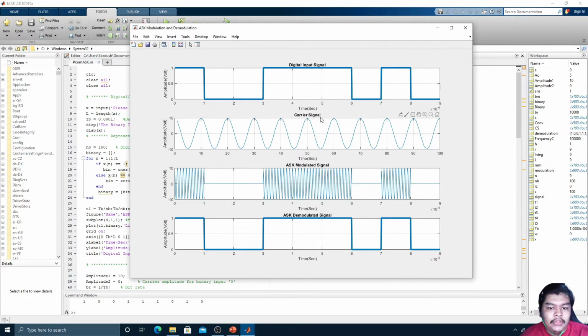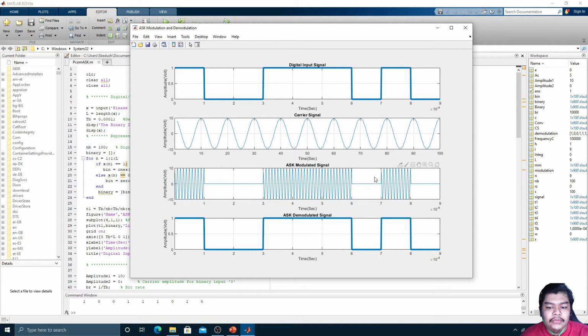This is the carrier signal, which is 10 volts, and the frequency is 10 kilohertz. You can see here the ASK modulated signal, where we multiply this one with this one, so we get this. When the digital input signal is 0, the ASK will be 0.